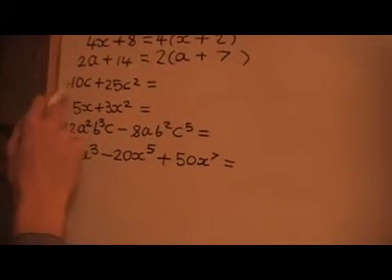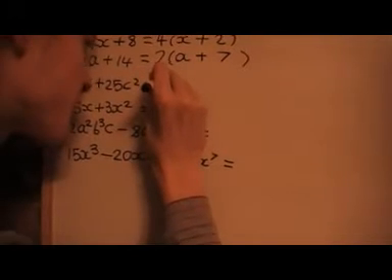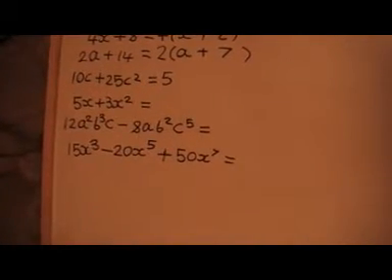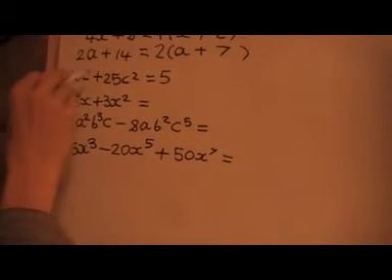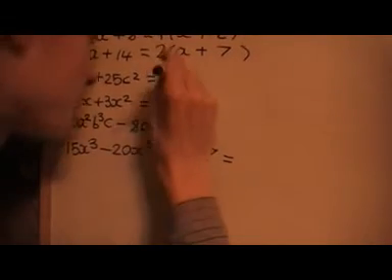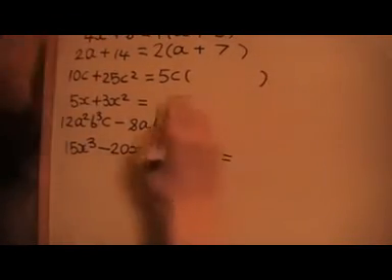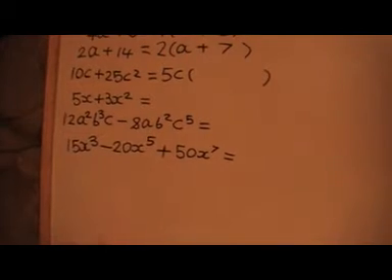Now this one, first of all we'll look at the numbers. We'll see that 5 is a factor of 10 and 25. But there's also a letter. Notice that as well, c is a factor. So we can take c and put that outside the brackets as well.